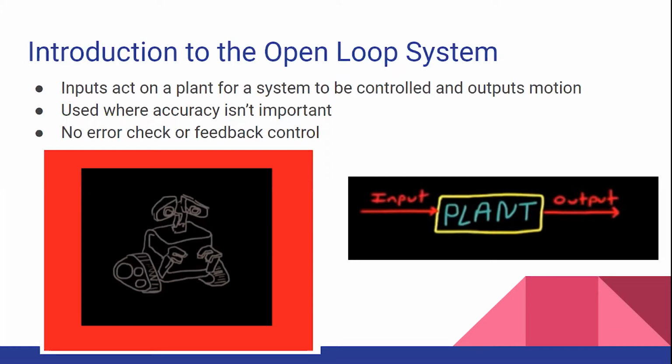In this task, this is the example of an open loop where you first start and you end, you don't have any corrections. You have no scope to make corrections, but it's used in areas where you don't need to make corrections.